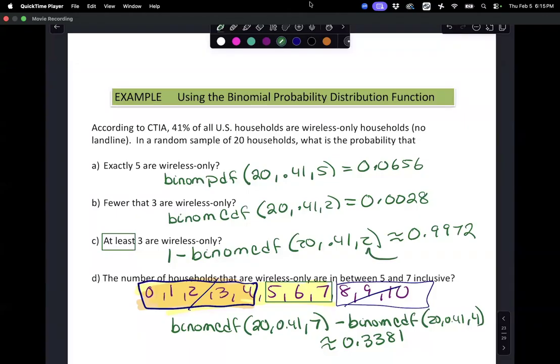That was a great question, by the way. So this is the first not included value. If it's at least 3 or more, then it's not 2 or fewer. Thank you. You're welcome. I'm glad you asked that.